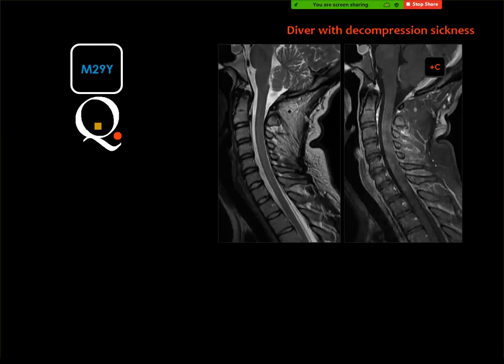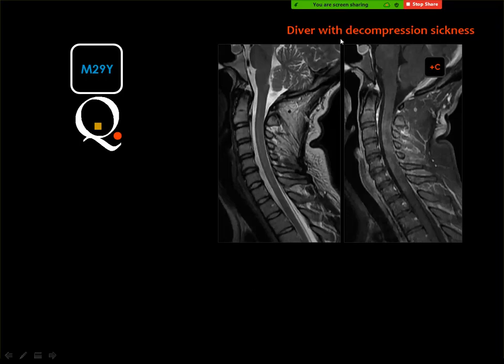Transverse myelitis. Okay, the history is a diver with decompression sickness. Transverse myelitis actually is not a diagnosis, it is a descriptive term of an abnormal signal within the substance of the spinal cord.